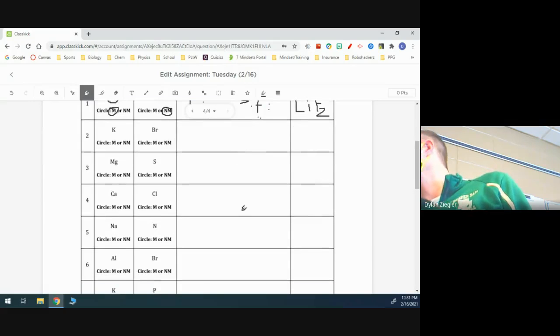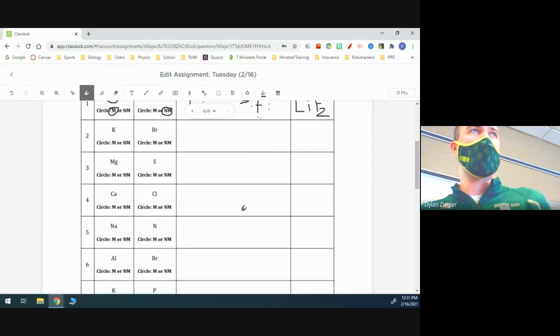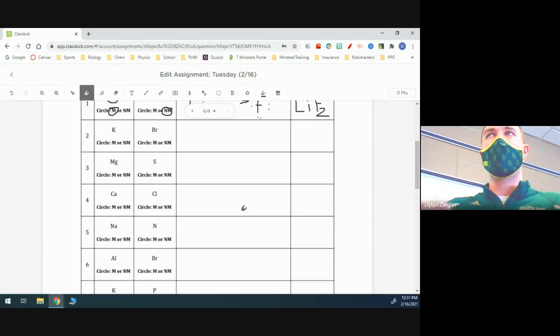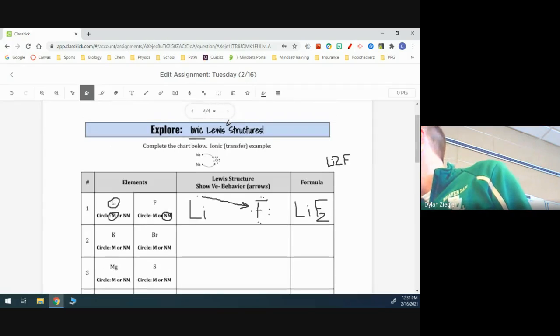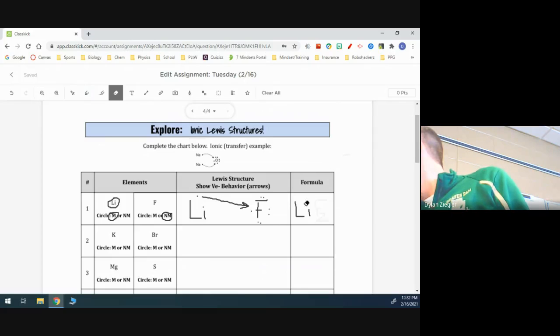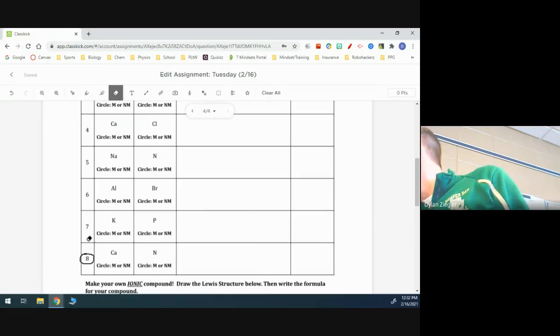You can totally do that if that's easier for you. If you can get it done faster writing it out, taking a picture and putting it up here, do that instead. That's fine with me. All right, erasing time. Okay, I think I got everything there.